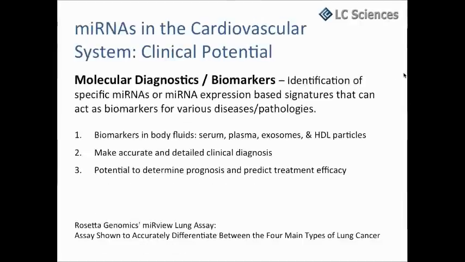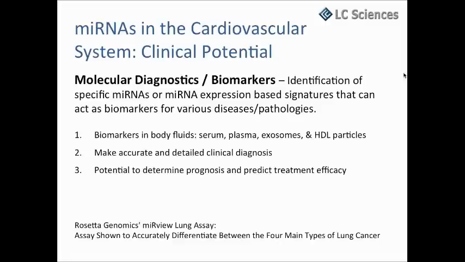So if we look at the potential for the different fields, in the diagnostic or biomarker field, you try to find, you do differential expression profiling of all microRNAs and try to find whether any particular microRNAs are significantly up or down regulated.